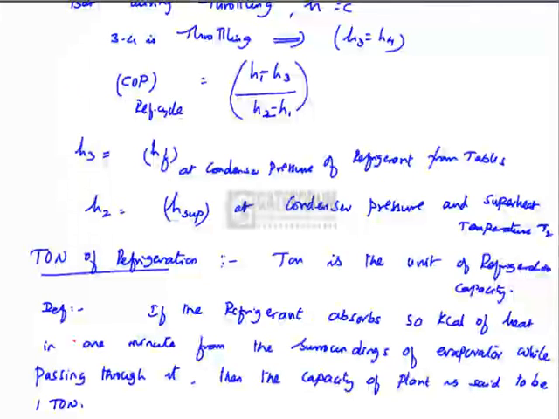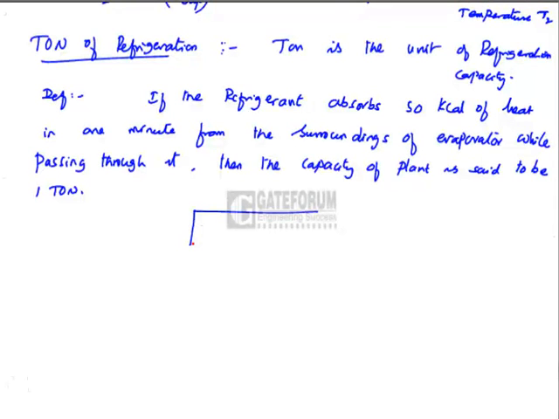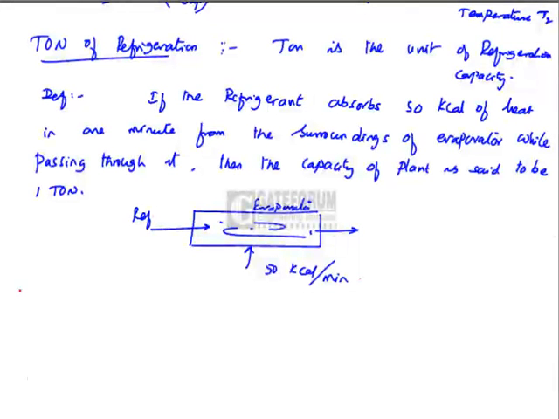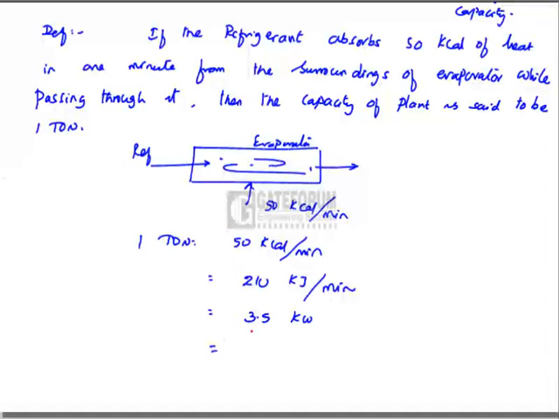The tonnage capacity is usually mentioned in tons. For example, if the refrigerant is passing through the evaporator and absorbing 50 kilocalories in a minute, then the capacity of this system is said to be 1 ton. 1 ton is equal to 50 kilocalories per minute multiplied with 4.2, we get in kilojoules, because 1 kilocalorie is 4.2 kilojoules. 210 kilojoules per minute, that is 3.5 kilowatts, that is also can be called as 3000 kilocalories per hour.